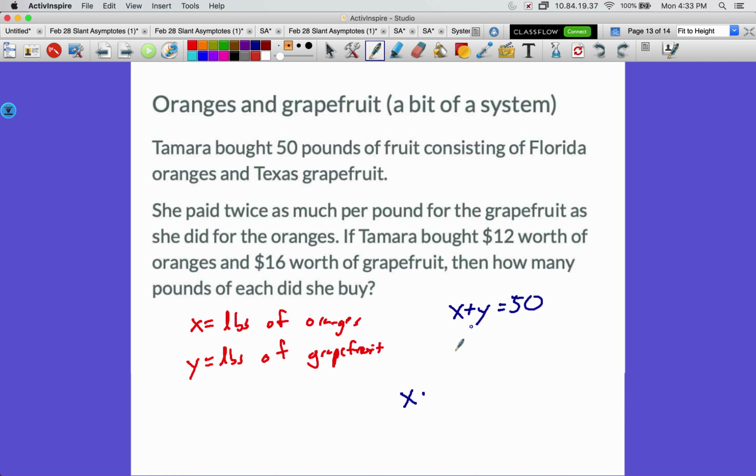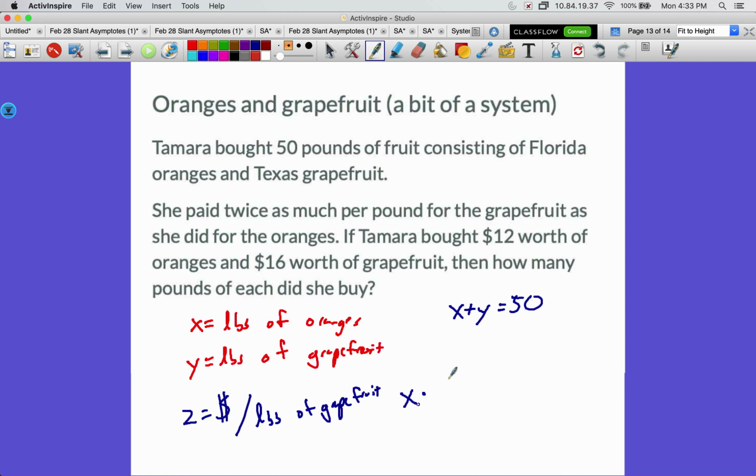We'll say Z is the dollars per pound of grapefruit. So X times their price, which is twice as much for the grapefruit as she paid for the oranges.